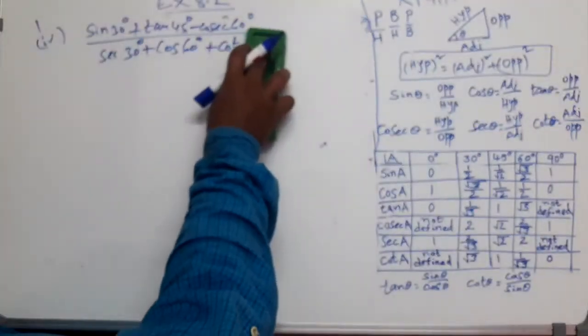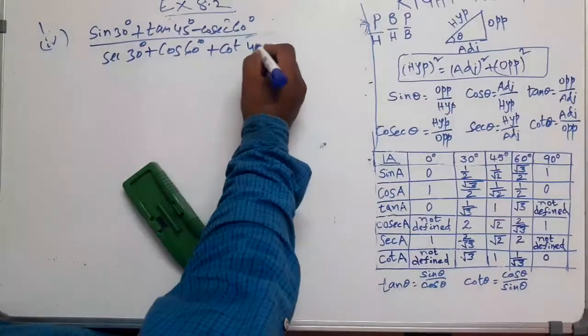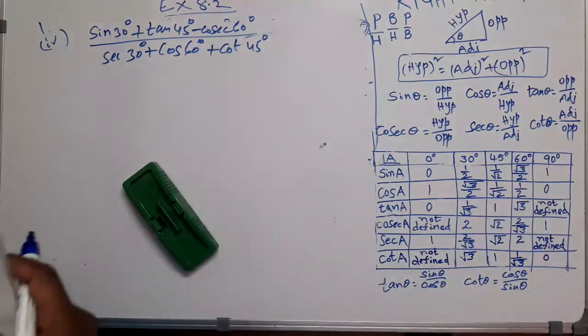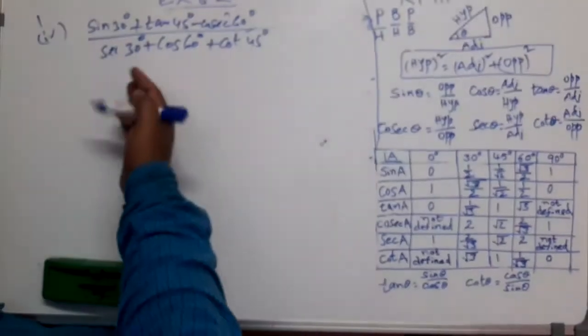This is given. You are supposed to find the value of this expression. This is the fourth part of question number 1.